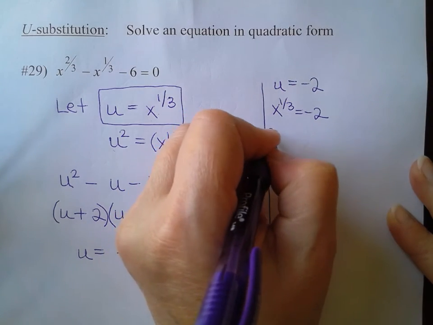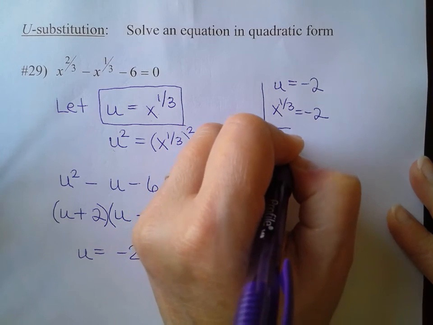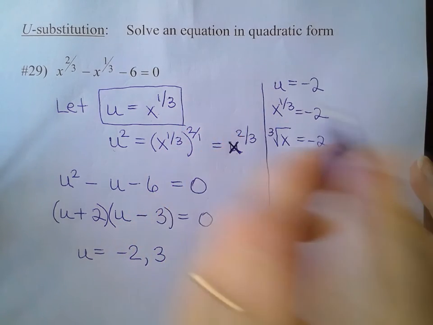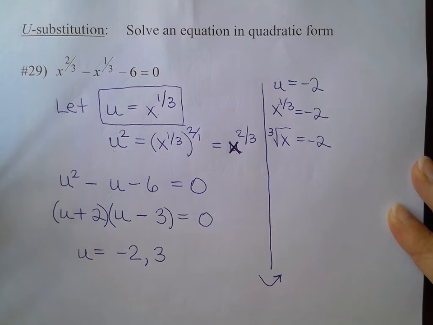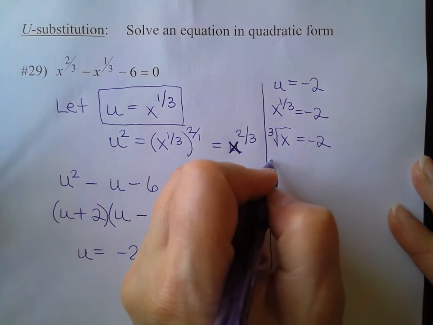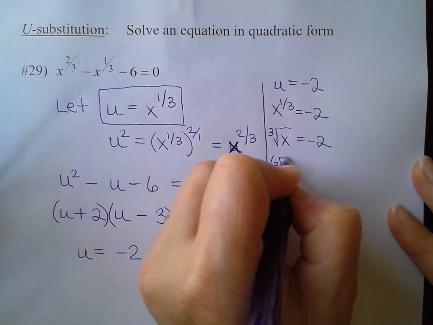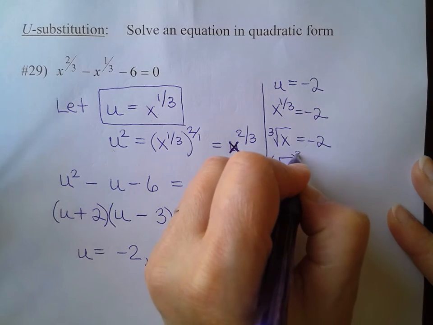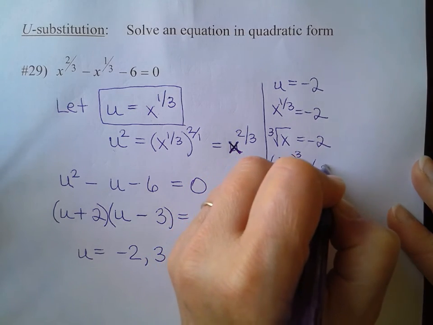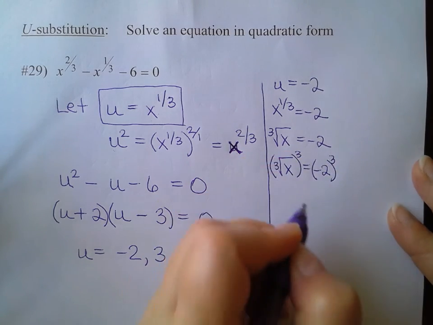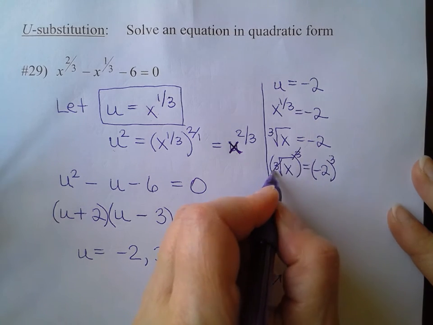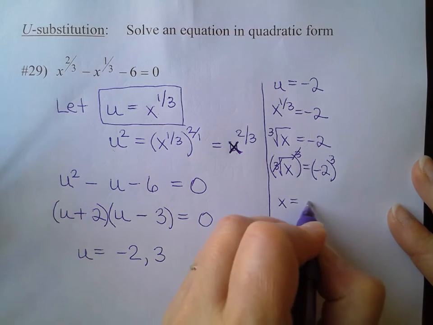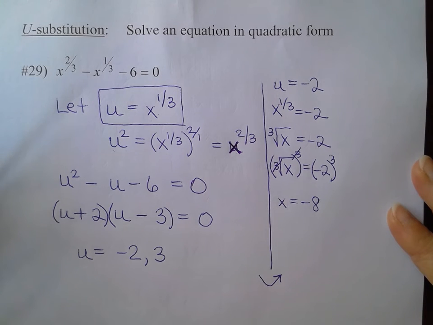And this is the same as the cube root of x equals -2. So to remove that cube root, I can raise both sides to the power 3. And the cube root is going to cancel out. So I get -8 as a solution.